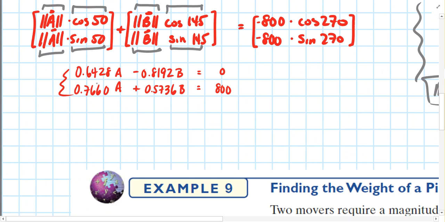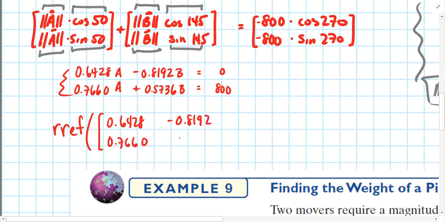Now if I can put this system into a reduced row echelon form command within a matrix, then we can obtain the result that we're after. On the calculator it's going to look something like this. I'll call the reduced row echelon form command. I'll create a matrix that says 0.6428 and 0.7660 with negative 0.8192, 0.7360, and 800.